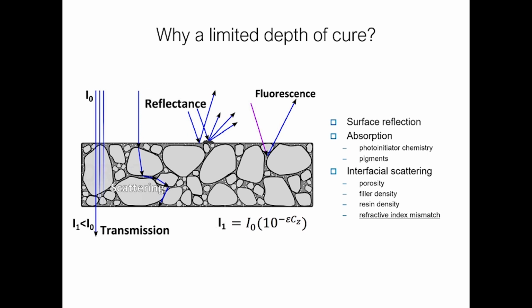As light travels through the composite, it is scattered by the filler particles themselves, and a big loss of light through the bulk of the material is absorption by the photoinitiator, obviously, because it needs to absorb light to generate the reactive species that cause polymerization, but also the pigments that are used. So the darker the color of the material, the more light is absorbed, and the lower depth of cure you might expect.